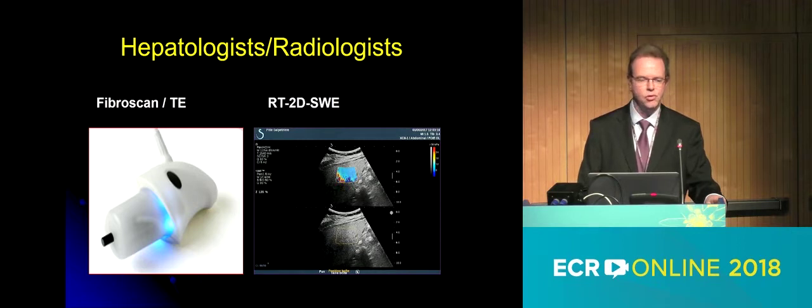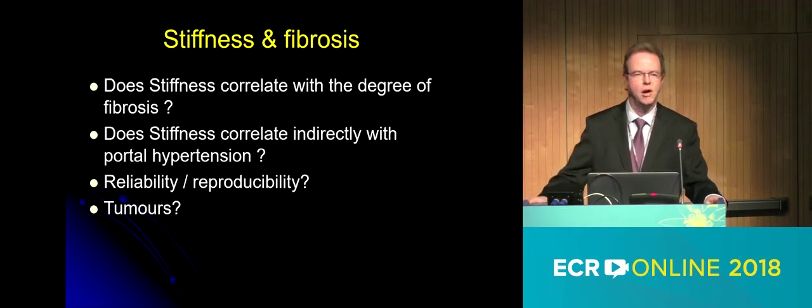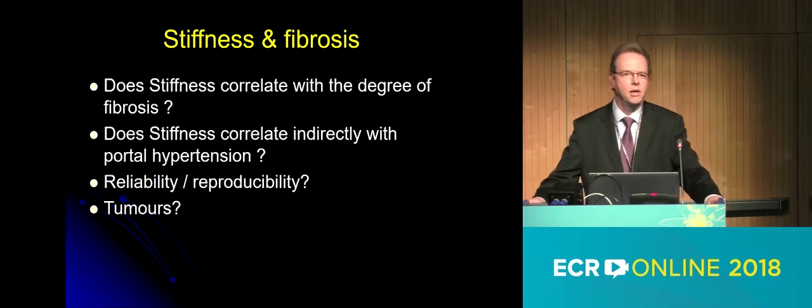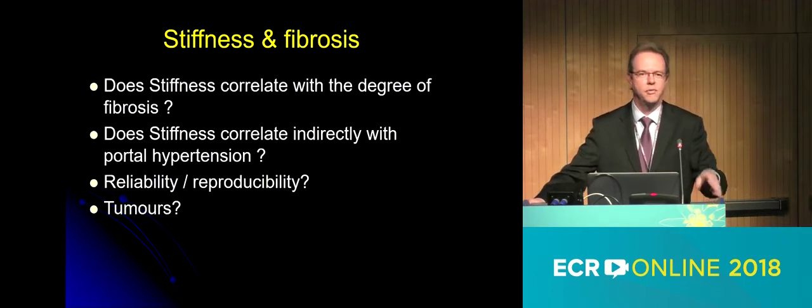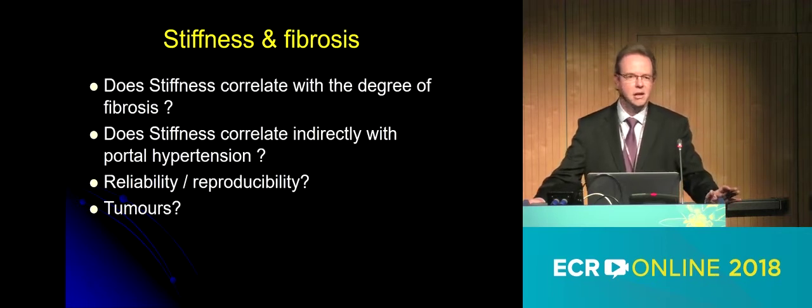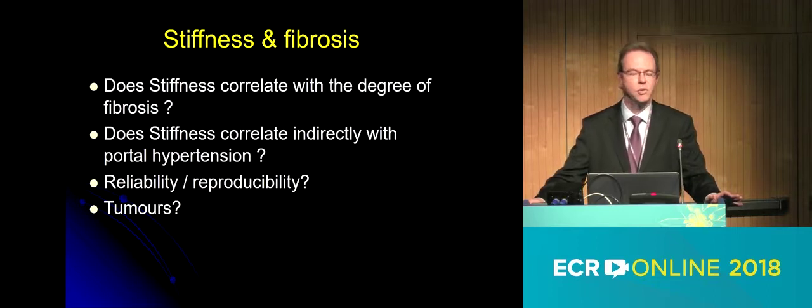But in order to use shear wave elastography with a supersonic imaging system, we need to answer all the questions that were already answered by transient elastography in the past. Does liver stiffness using the supersonic imaging system correlate with the degree of fibrosis, at least as well as transient elastography, which is well validated by a lot of studies in the past, or even better?